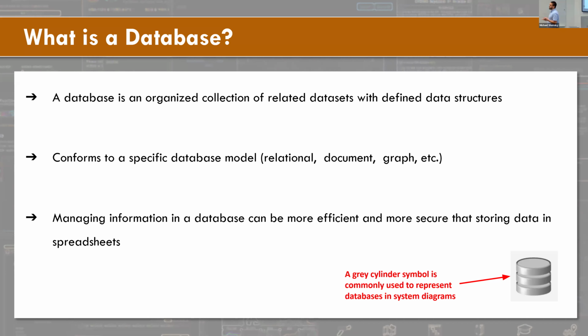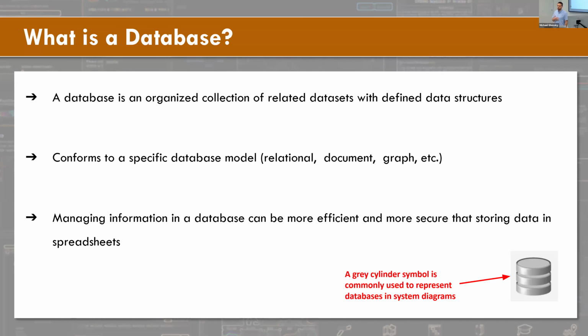Today, we're going to be focusing on relational databases specifically, which are great for managing tabular data with defined schemas, but there are other types of databases that you might want to explore as well if you have data that's maybe not a great fit for the relational database. So you might look at document databases where you can manage data in JSON format, and there's flexibility with the schemas you're using.